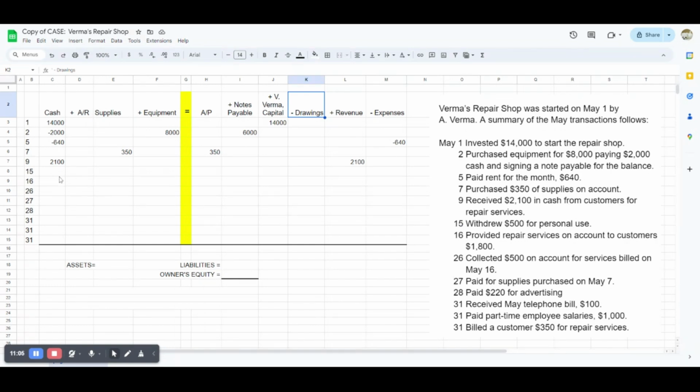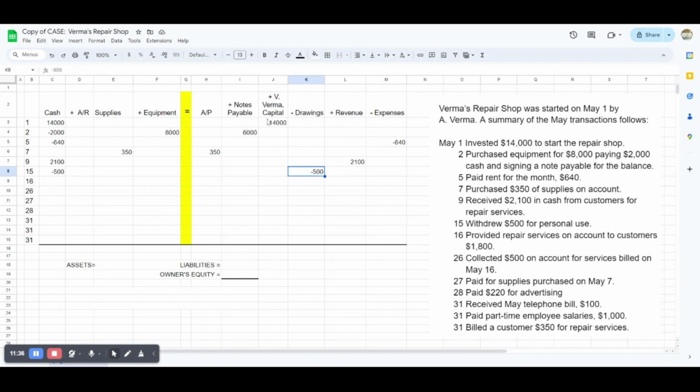So if you're withdrawing $500, cash is going to go down by 500. And then, as I said before, drawings is also going to be affected by negative 500. And it's negative because these accounts, whether they're positive or negative, depend on if they're increasing or decreasing owner's equity.